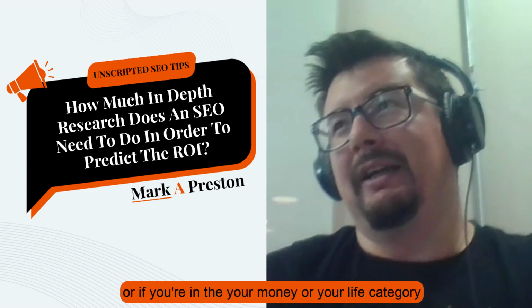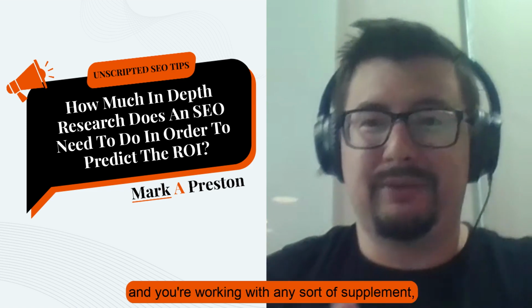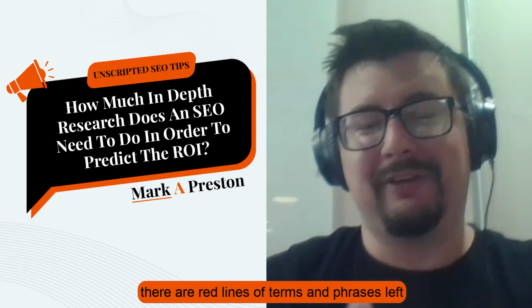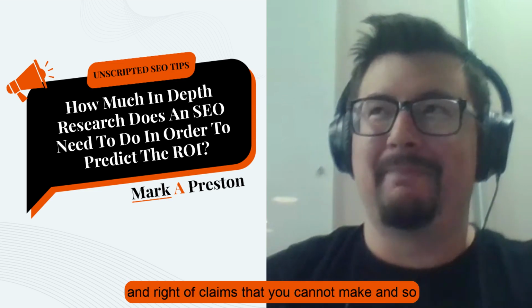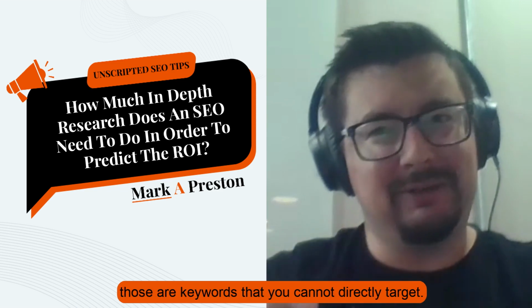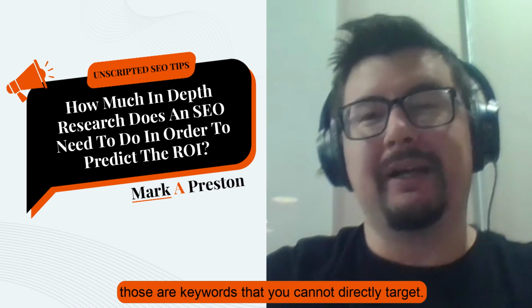Or if you're in the your money or your life category and you're working with any sort of supplement, there are red lines of terms and phrases left and right of claims that you cannot make. And so those are keywords that you cannot directly target.